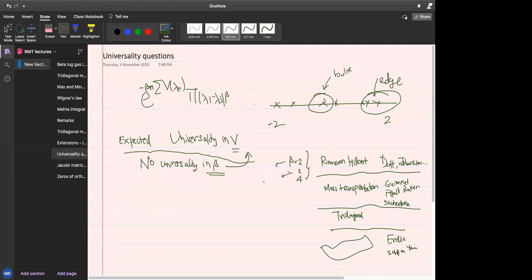Here you have a Pfaffian kernel that has to be analyzed. I have never read a complete proof of anything for beta equals 1, let me be honest. But I'm pretty sure it's not true, because you need orthogonal polynomials for Riemann-Hilbert, and it's not the case when beta is 1 or 4. You have skew orthogonal polynomials then.